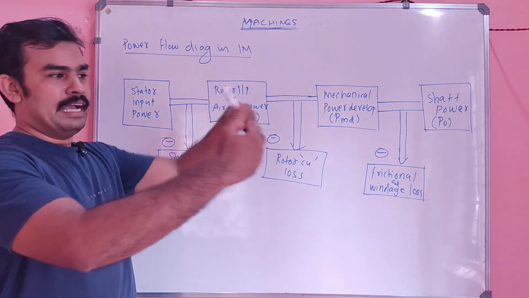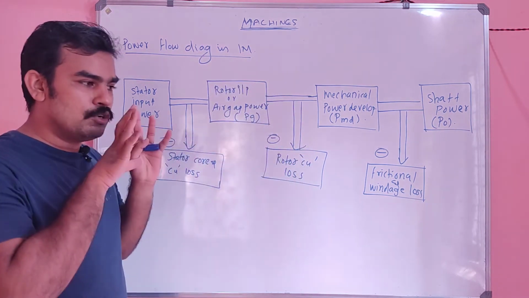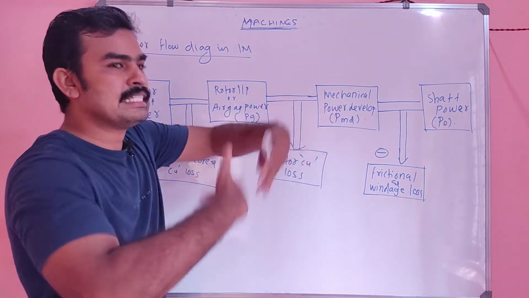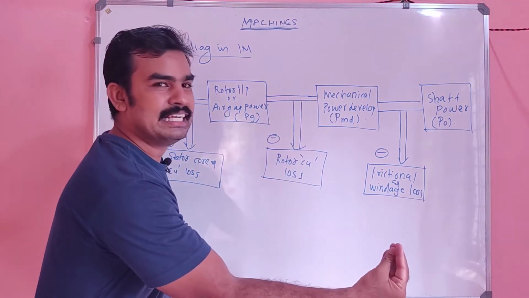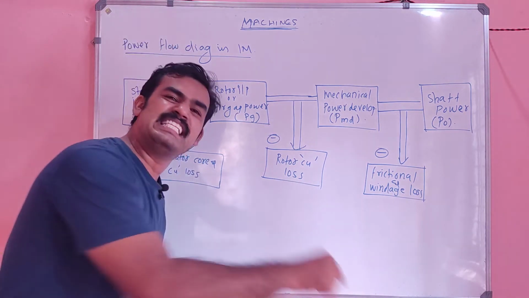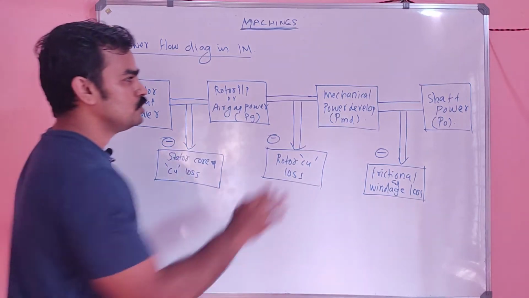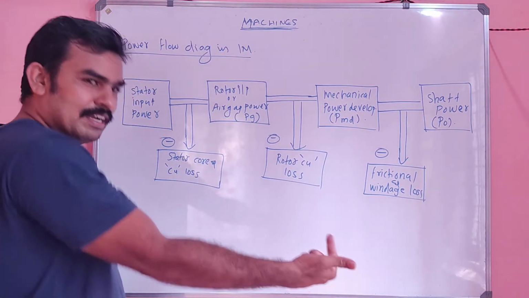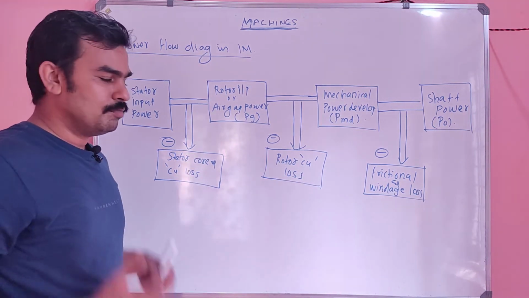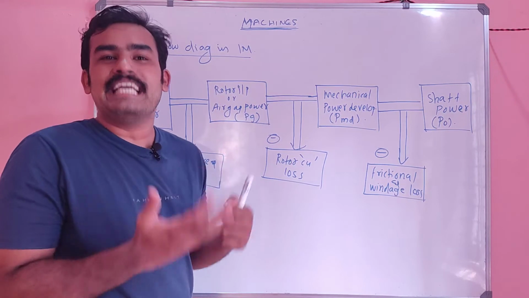And the rotor input power minus that rotor copper loss in the conductor will be equal to the power generated inside the rotor, correct? So that is the mechanical power developed. So this much power is going to develop in the rotor, but the rotor is not simply ideal, right?